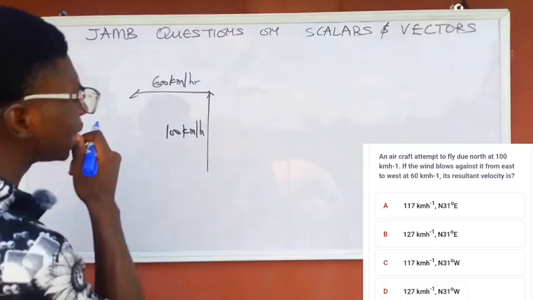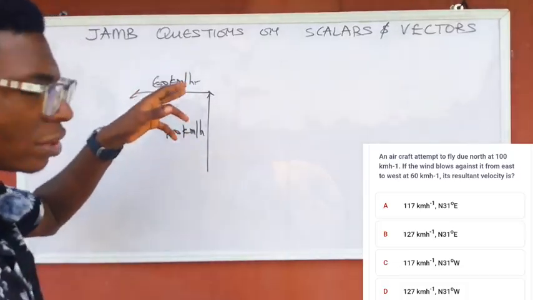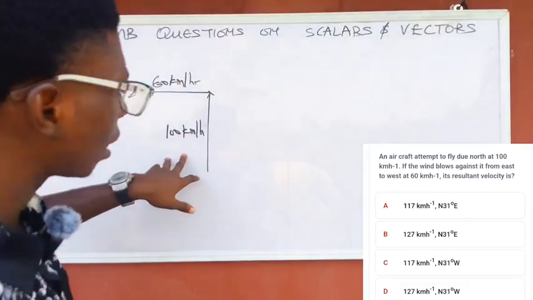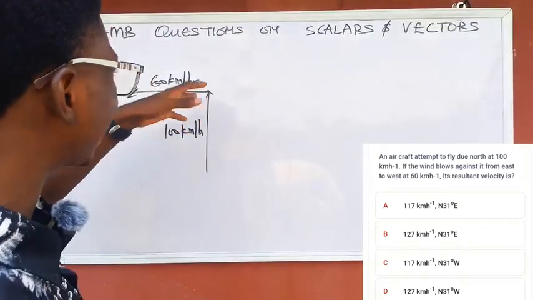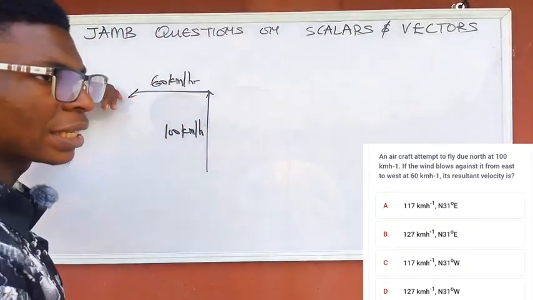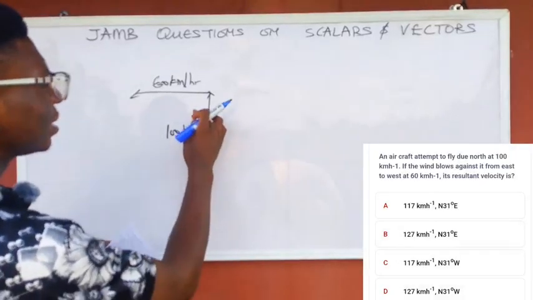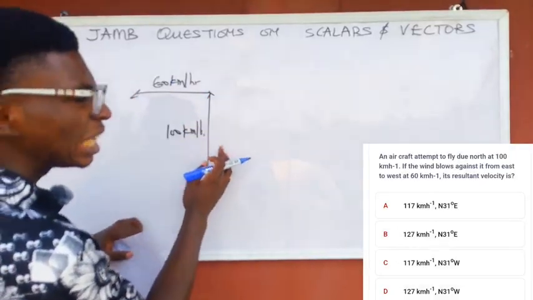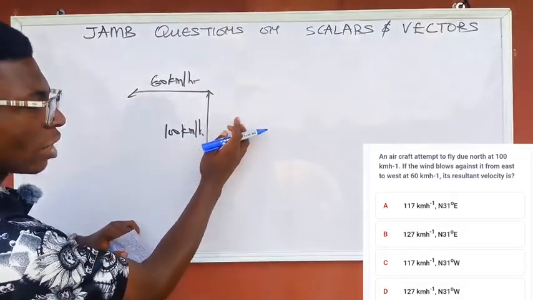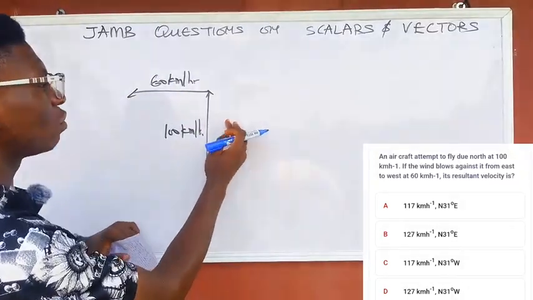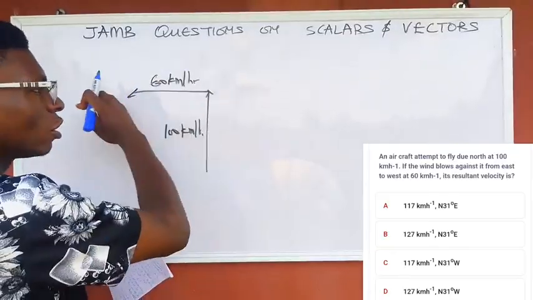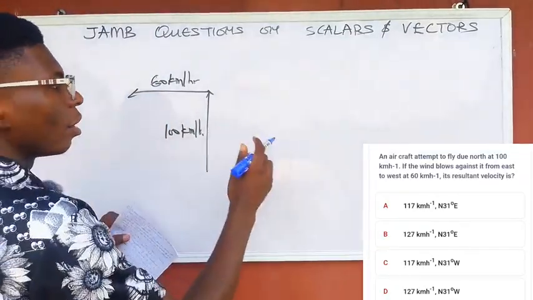So this is the direction of that aircraft, and this is the direction of the wind. So what is now going to be the direction? We all know that this is the direction of the wind. Definitely, it will deviate the direction of this aircraft. It will lean towards this side.